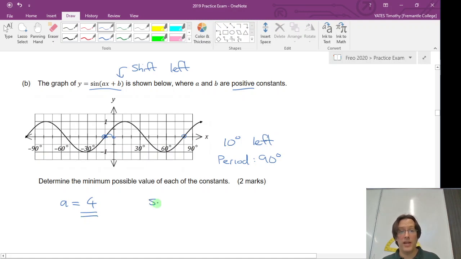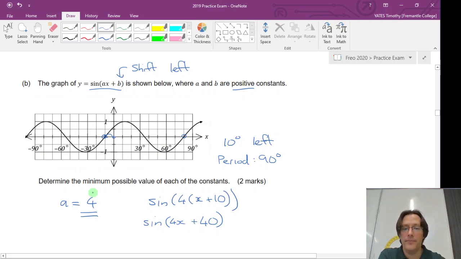Now, when we have our equations, we should remember that what it actually is is 4 brackets x plus 10. And we've actually got the expanded version out there. So what it actually will end up being is sine 4x plus 40. It's very easy to fall into that trap. But if we're careful, then we spot that it's actually going to be plus 40 in there, not plus 10. That's a very easy one to mix up though.